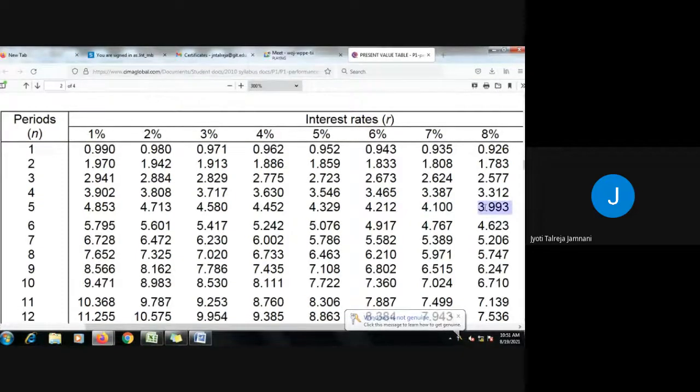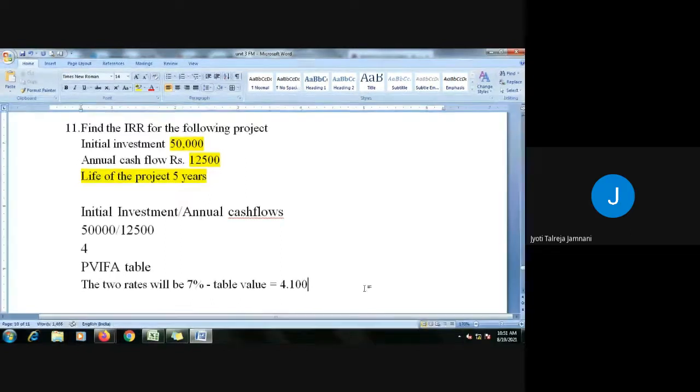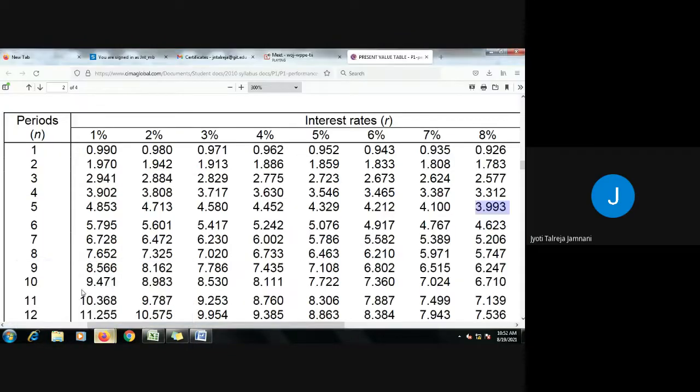Is that fine, all of you? So the two rates will be 7%, at which the table value is 4.100, and 8%, at which the table value was 3.993.